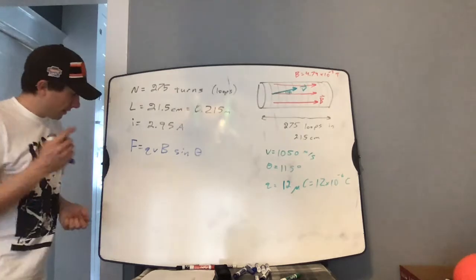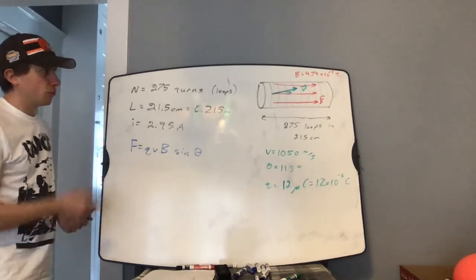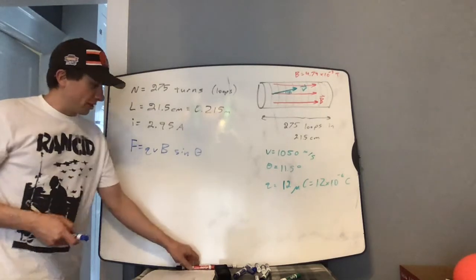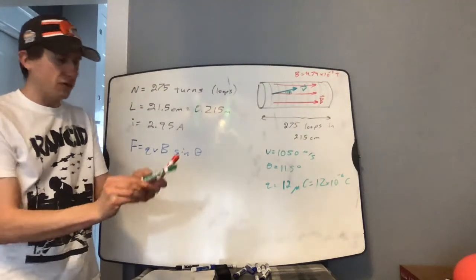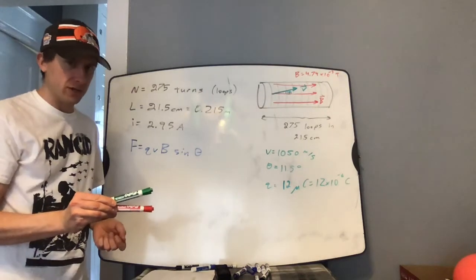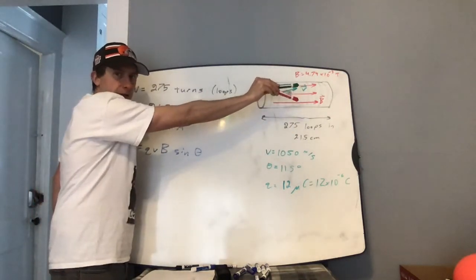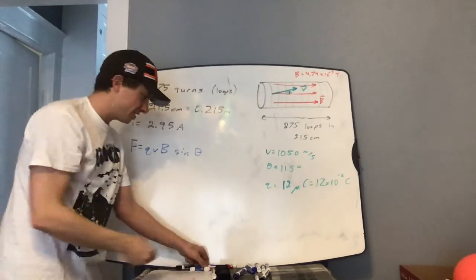Now, Q is the charge of the particle, and V and B we have over there. Theta is the angle between the direction of the magnetic field and the direction of the particle's velocity. The angle between the magnetic field and the direction of motion is pretty small, only 11.5 degrees.